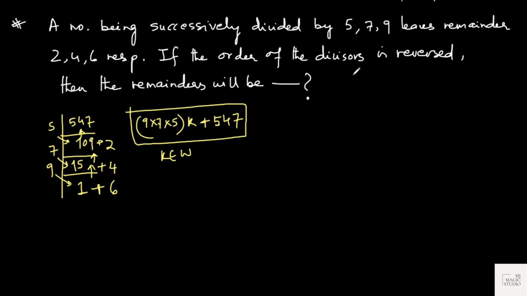Now they are saying that if the order of the divisors is reversed, the next number would be of the form 9 into 7 into 5k plus something.